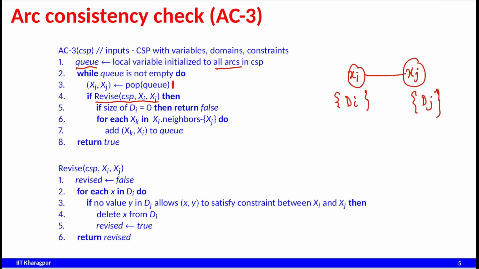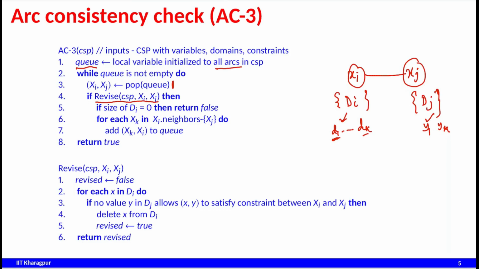Now I have to check for all the values d1 to, let's say, dk, that for every such value there exists a consistent value here. So when I choose d1, there should be some y1 that satisfies this constraint. When I choose dk, there may be a yk that satisfies the constraint. So yk can be equal to y1 also, but for every value of di, there exists one such value.